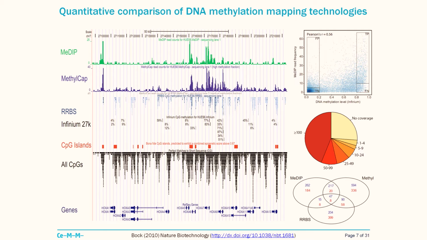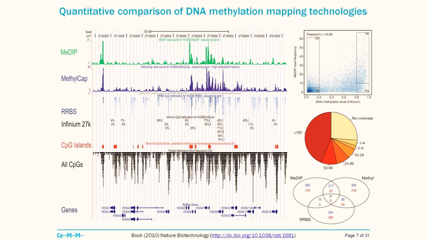Specifically here, in the case of MeDIP and MethylCap, what's being plotted is the read density in a given region. Absence of reads can mean either lack of DNA methylation, because no methylation enrichment could happen, or inability to pull down anything, because there are no CpGs there, or because of biases in your library preparation protocol, these regions are, for example, too GC-rich to actually sequence them on one of the standard sequencing technologies.